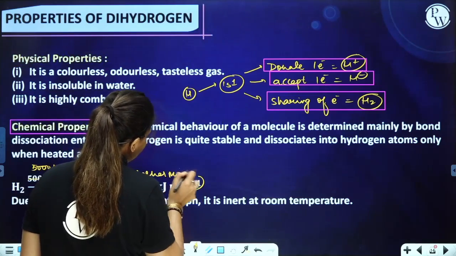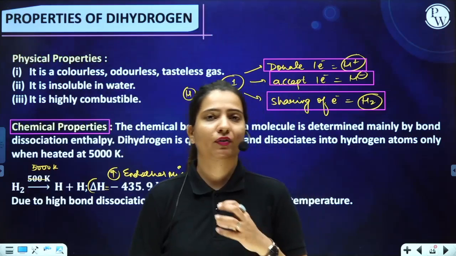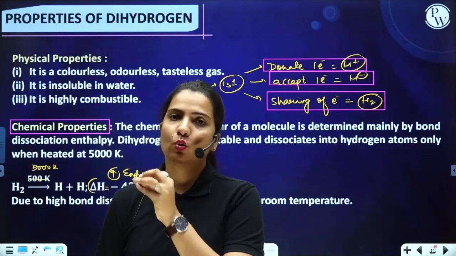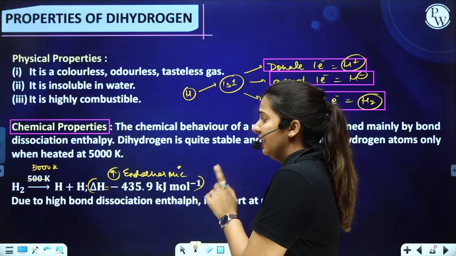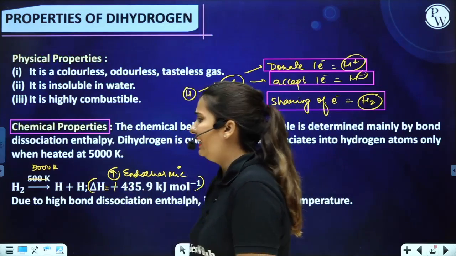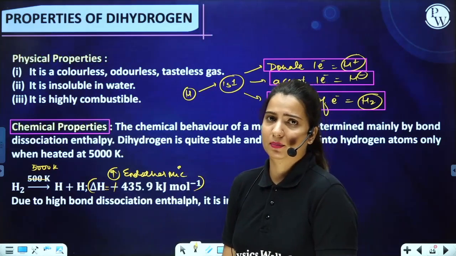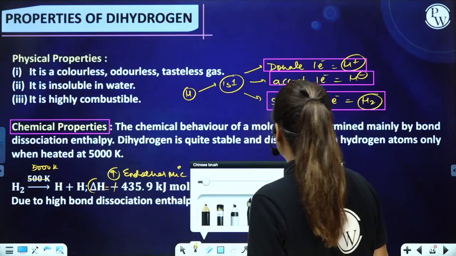You require a very high amount of energy to break H2 into two individual hydrogen atoms. So due to high bond dissociation enthalpy, we are going to get these hydrogens.